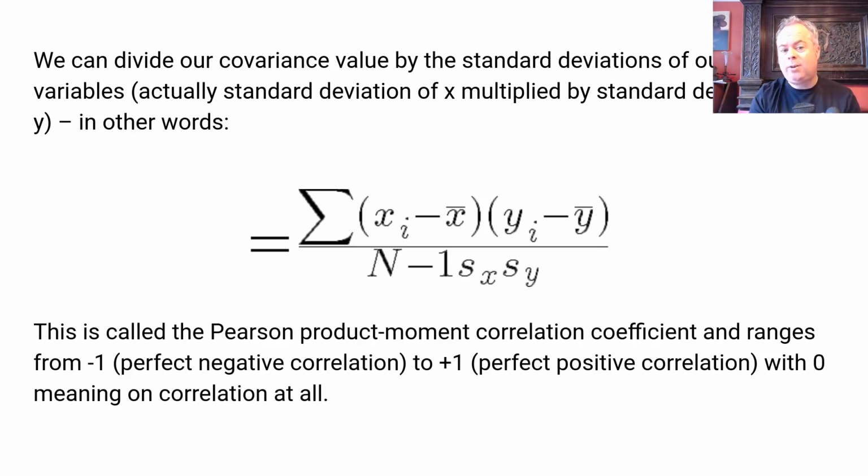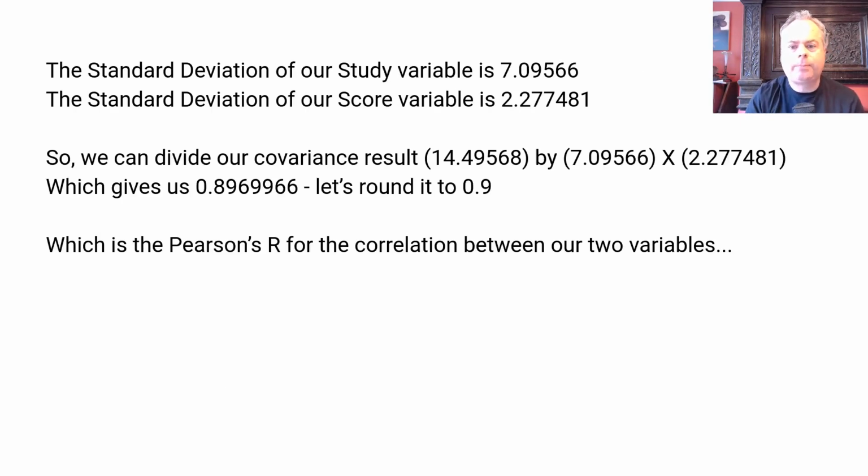And then we standardized that using the standard deviations of our two variables to give us Pearson's correlation coefficient, which, I'm sure you've used many times in the past, but it's based on this very simple set of steps in order to get there.